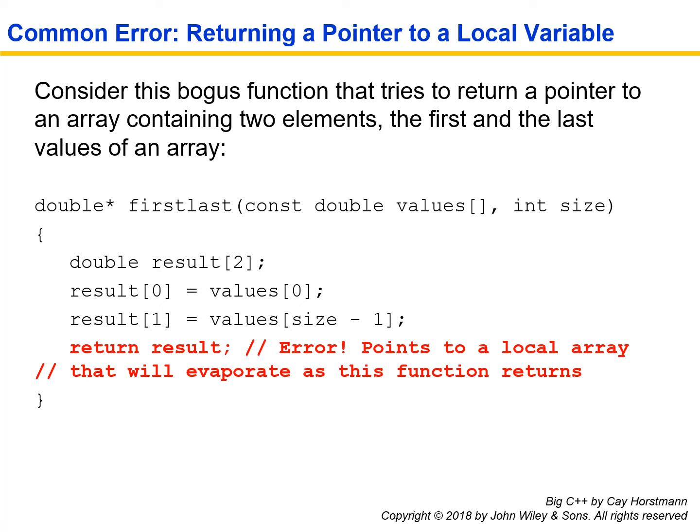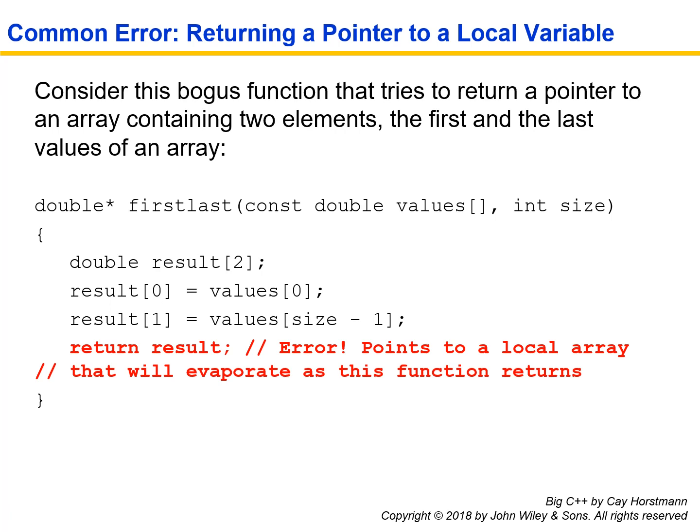It's going to disappear as soon as the function exits. So the returned double* would point to nothing at all. It would point to a memory location that was no longer there. Well, the memory location is still there, but it's been reused.